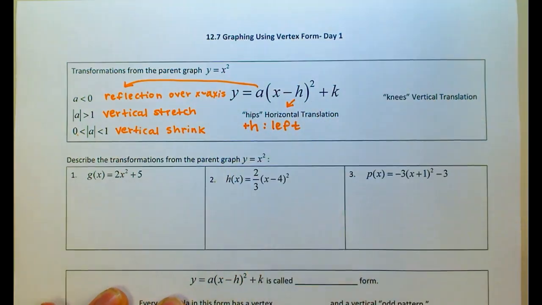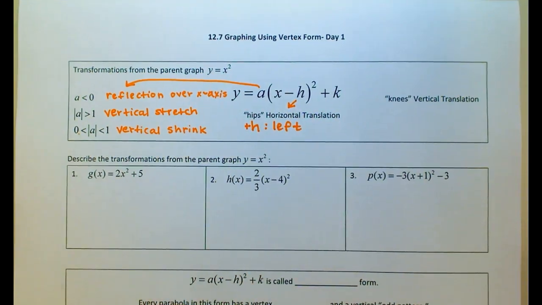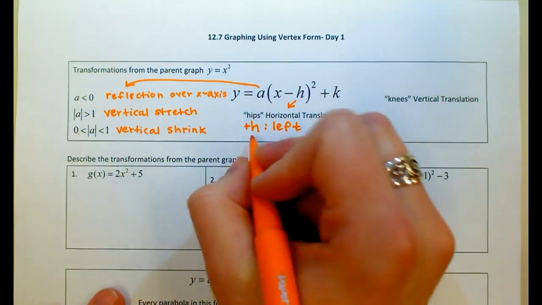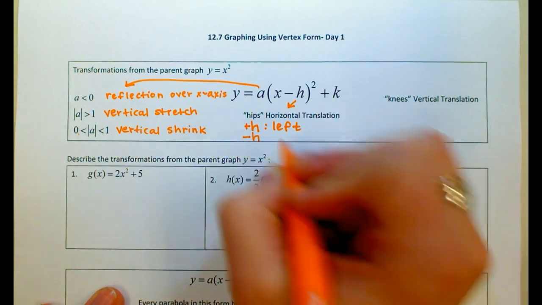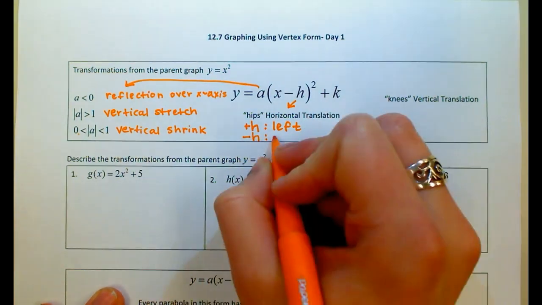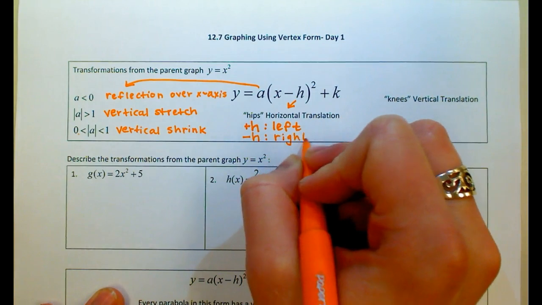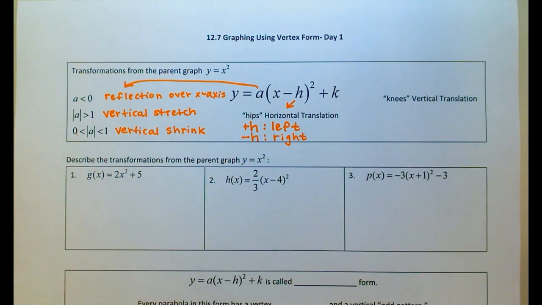It was the opposite of what we expected to happen. When we move our hips to the right, our body moved to the left. If we have a negative h, that means our graph is translating to the right. If we move our hips to the left, our body moves to the right. It's the opposite of what we expected.